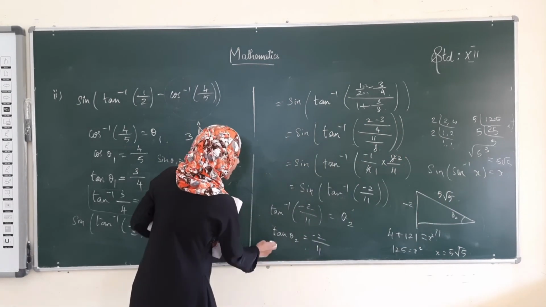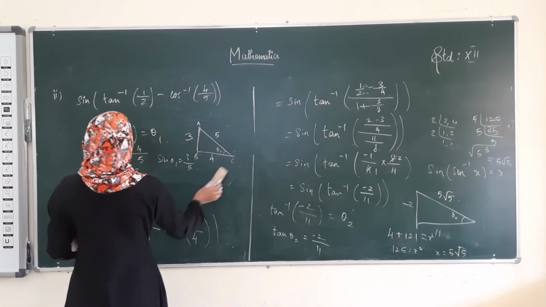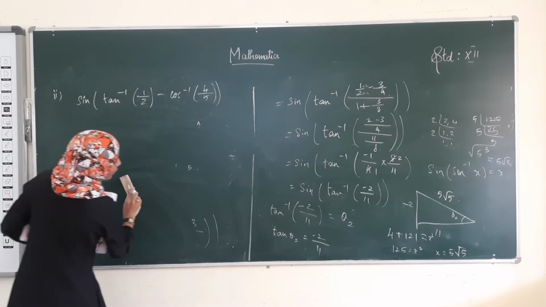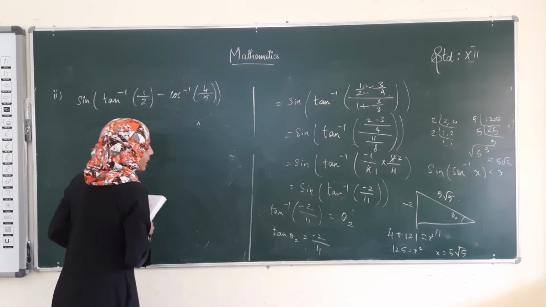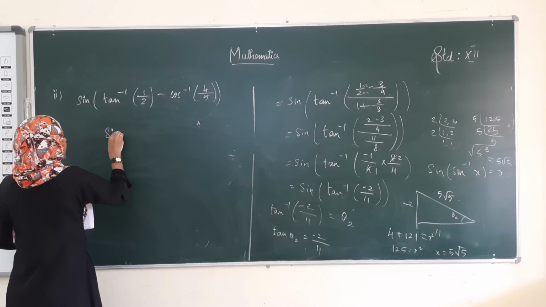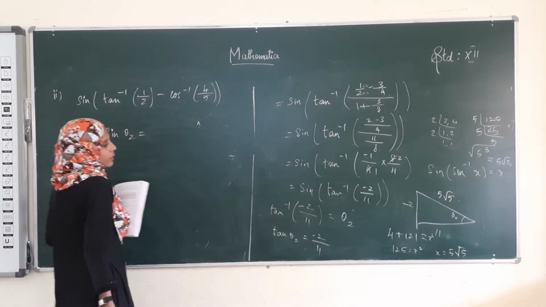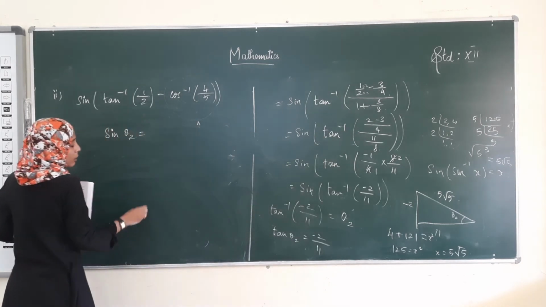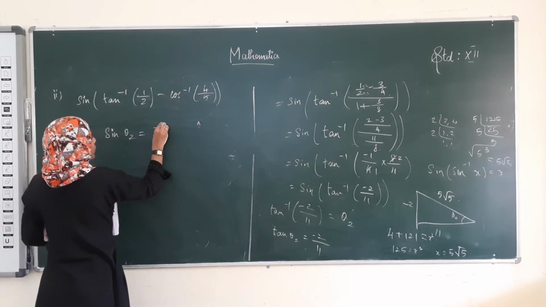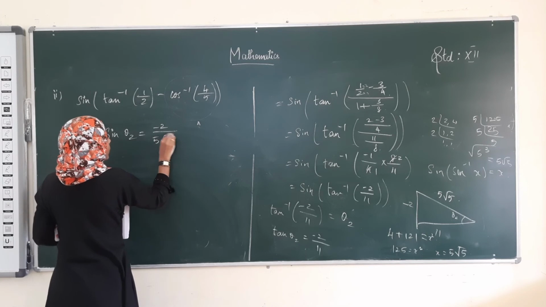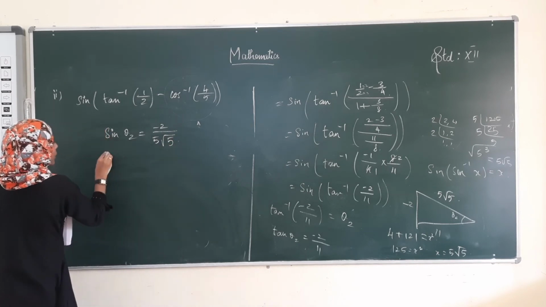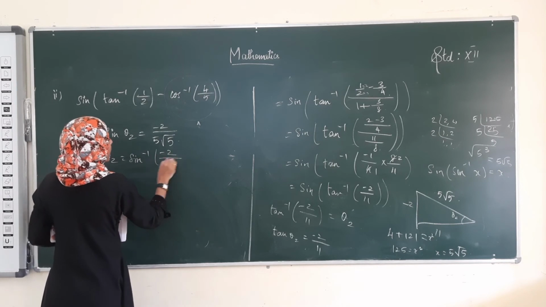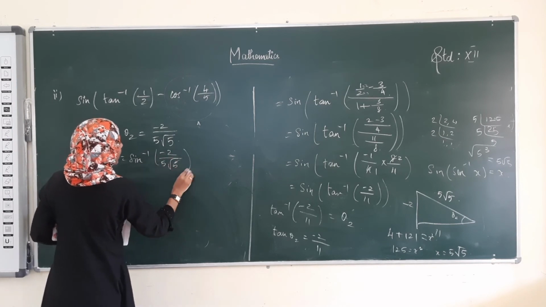Here we have tan theta 2 is equal to minus 2 divided by 11. What we want is sine theta 2. Therefore, sine theta 2 is equal to, what's the value of sine theta 2? Minus 2 divided by 5 root 5. Therefore, theta 2 is equal to sine inverse of minus 2 divided by 5 root 5.